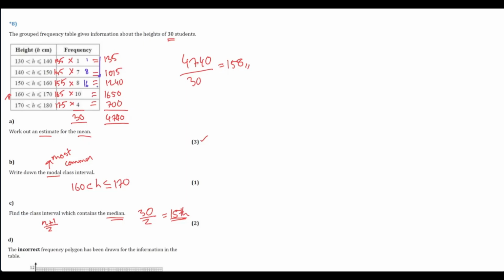That means if I get up to this point, that's 16 in. But I know that median lies in a 15th position, so it would lie around there, for example. That means our interval for the median is 150 to 160. So H is more than 150, but less than or equal to 160. That would be our answer for part C.